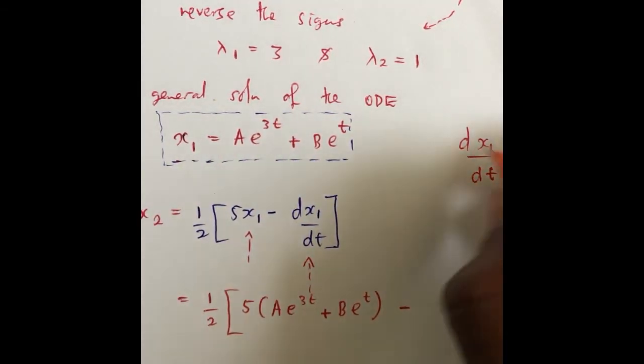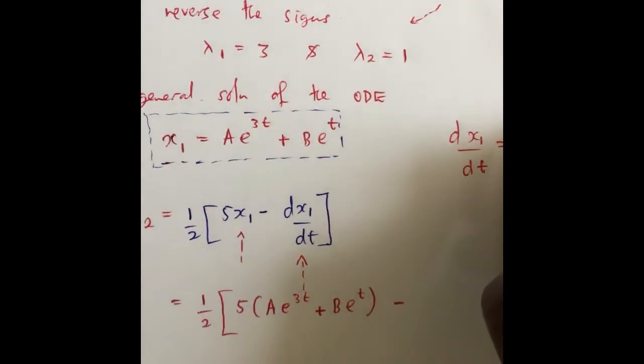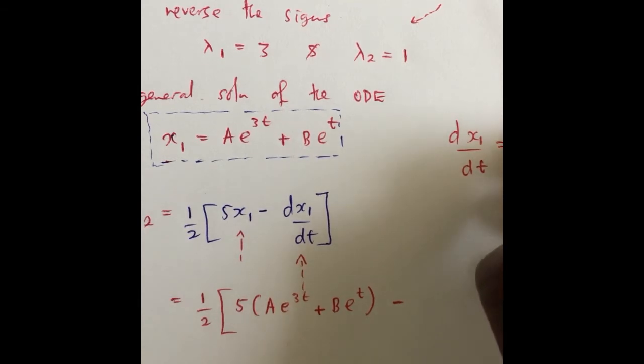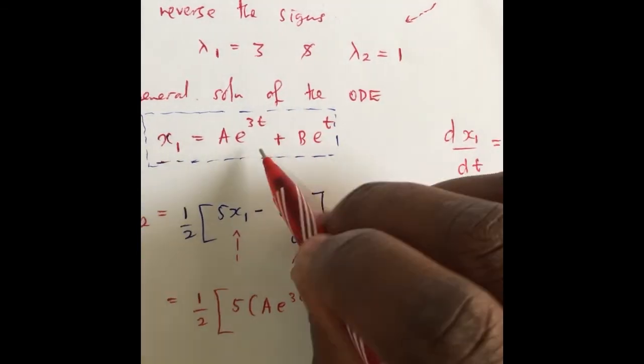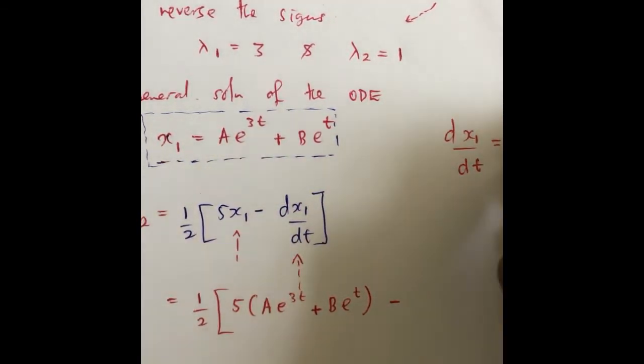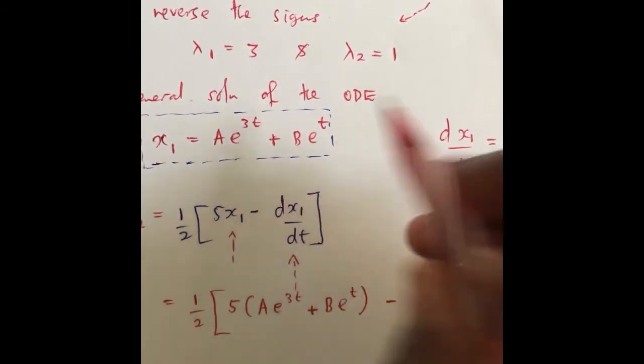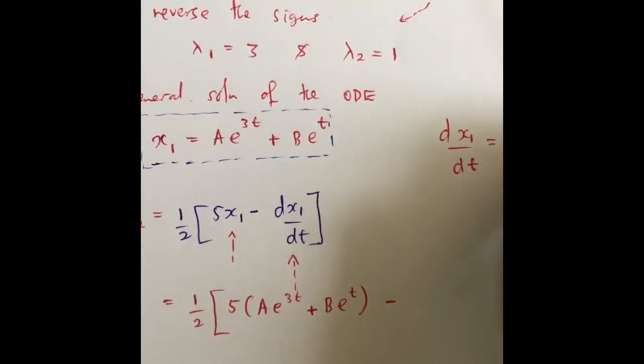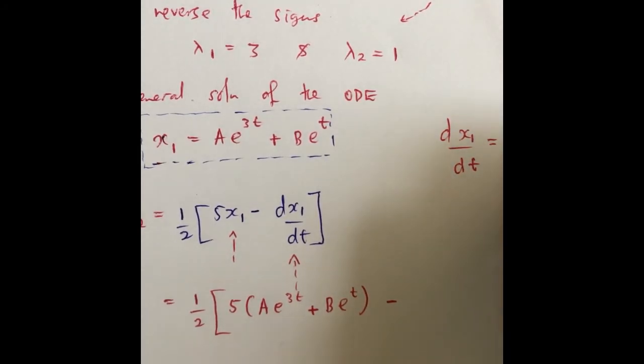The differentiation of 3t is 3, so we get 3 multiplied by e to the 3t.